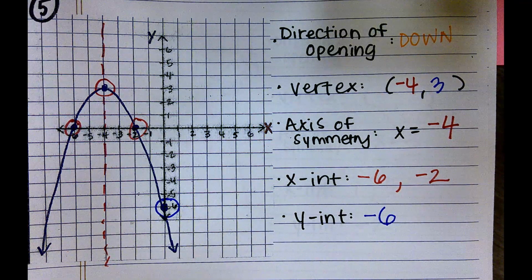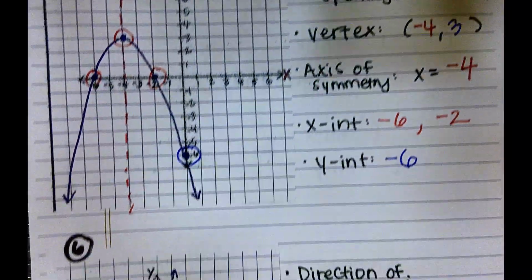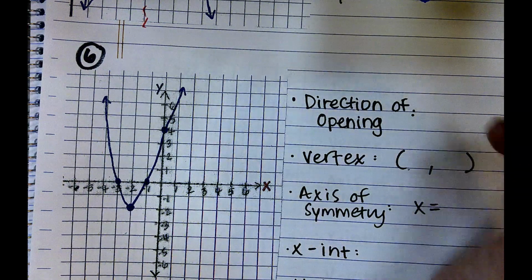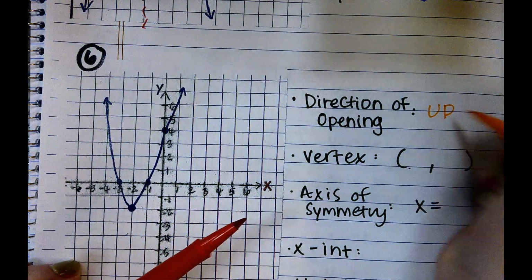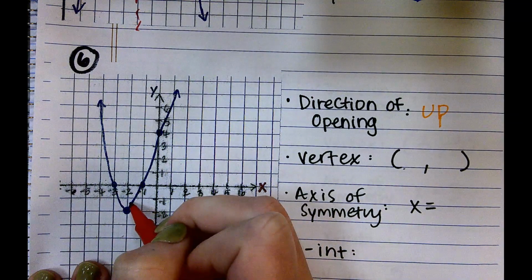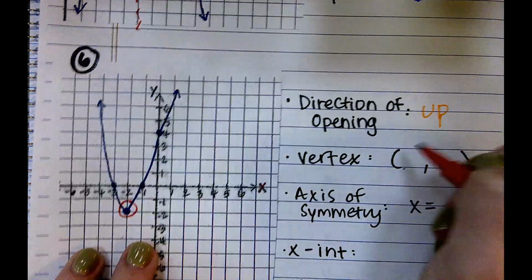Good. Now this last one I did a bad job of drawing, but up is correct. Direction of opening is up. Vertex. -2, -2.